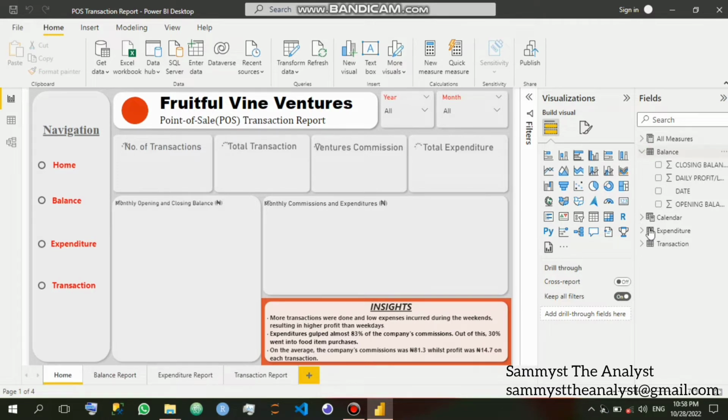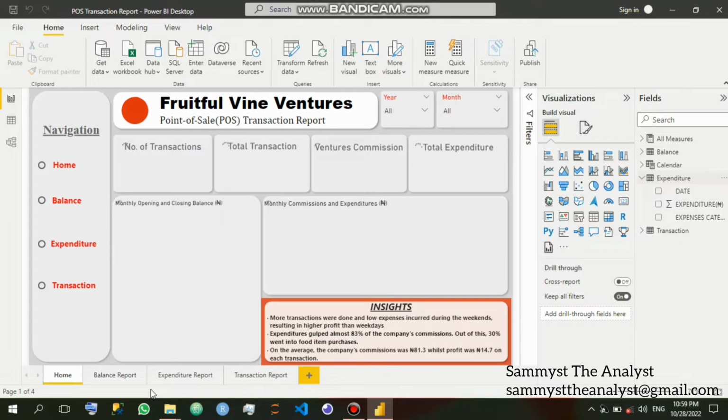And then you come to the expenditure. The expenditure tab here shows the expenses that were incurred for each day. And then the transaction has the records of the transactions carried out using the point of sale machine for each day too.